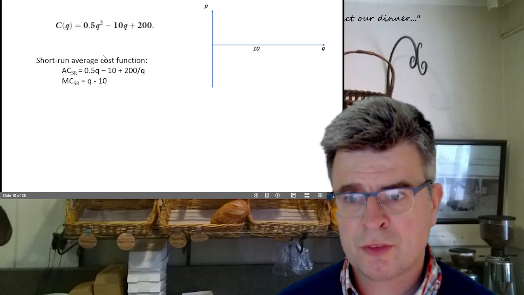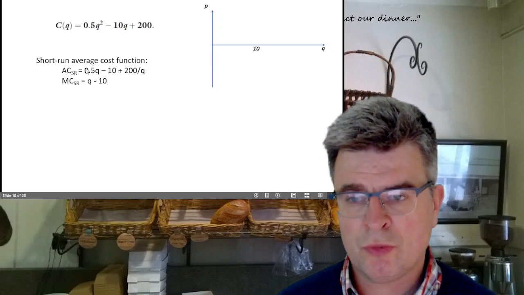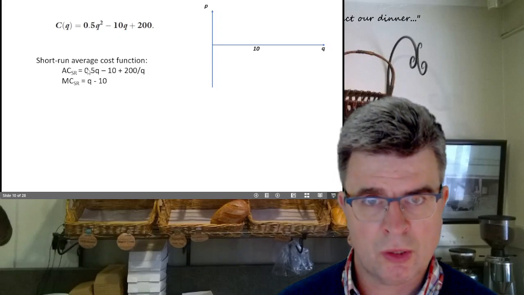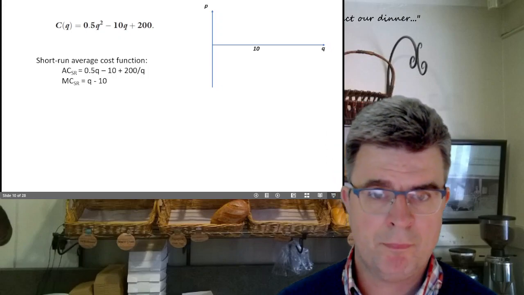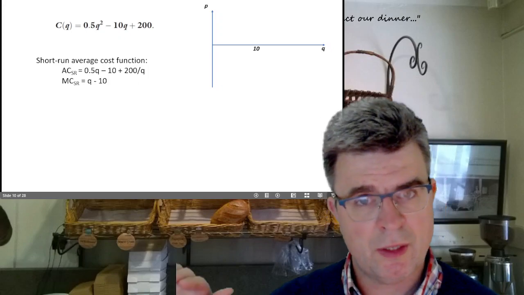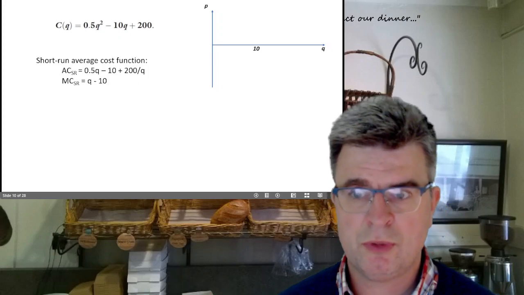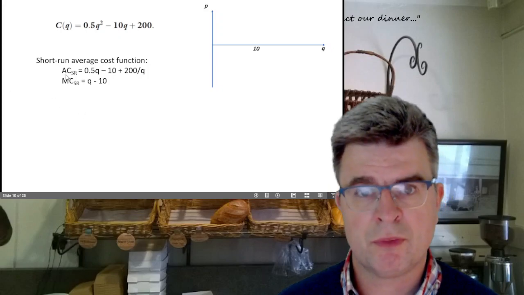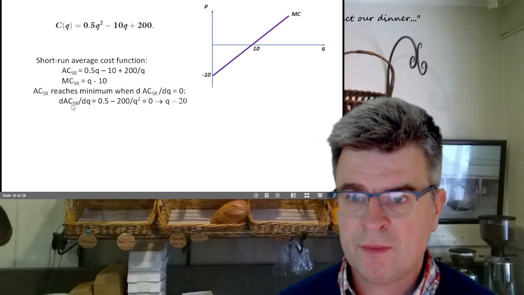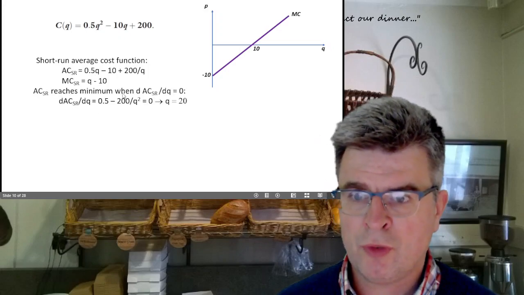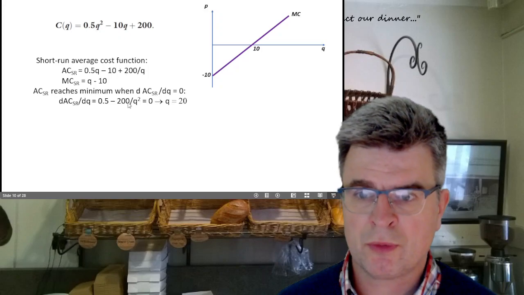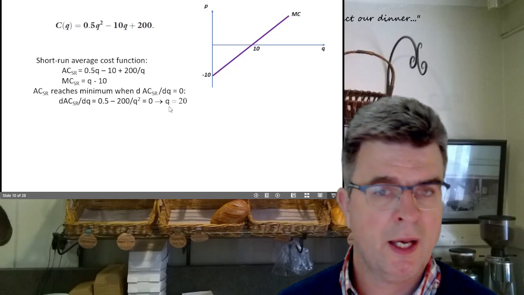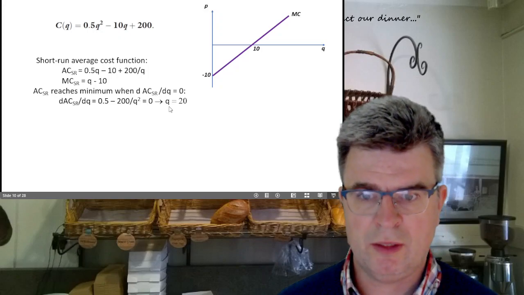Then we are asked to compute the minimum of this function, so for which Q is the average short run cost minimum. To find a minimum, you usually take the derivative of a function and set it equal to 0. That's what we do here. We differentiate the average cost function with respect to Q, and we get 0.5 minus 200 divided by Q squared. We set it equal to 0 in order to find the minimum, and the minimum is at 20.